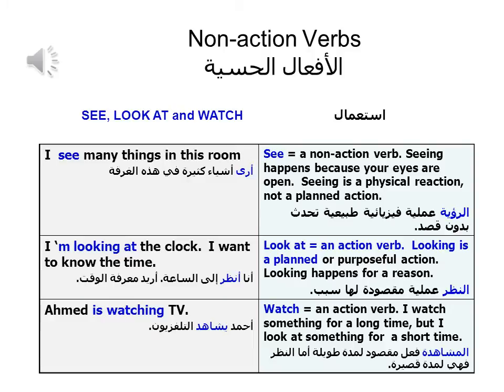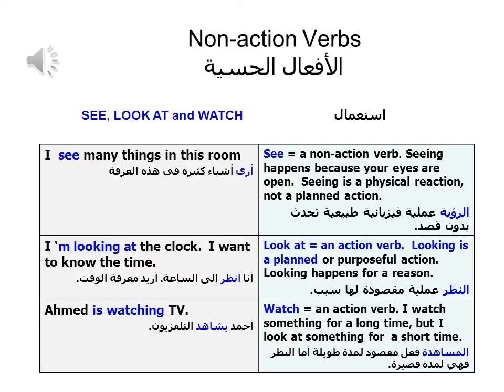In this slide, we look at three verbs that refer to senses. These three verbs are see, look at, and watch. The first one is used as a non-action verb, while the two remaining ones, look at and watch, are used as action verbs.